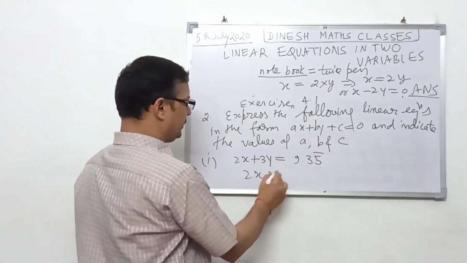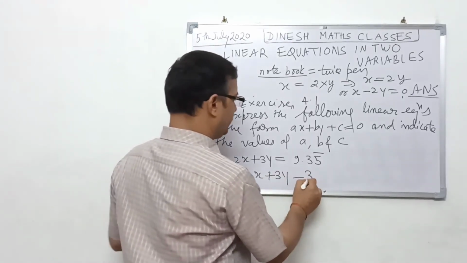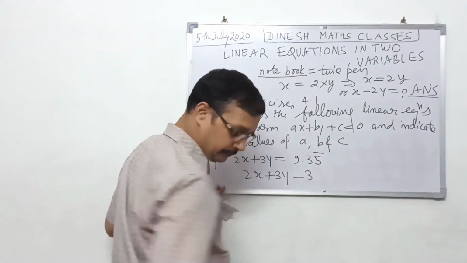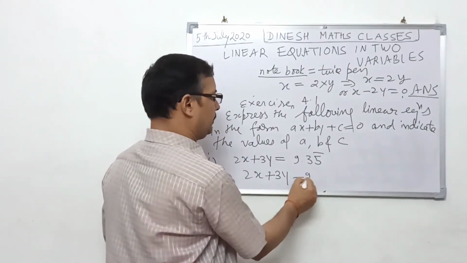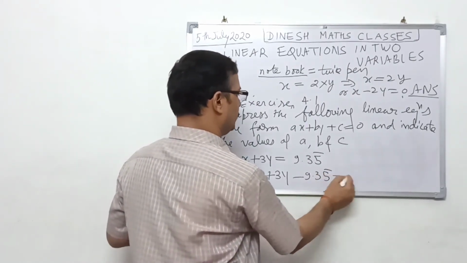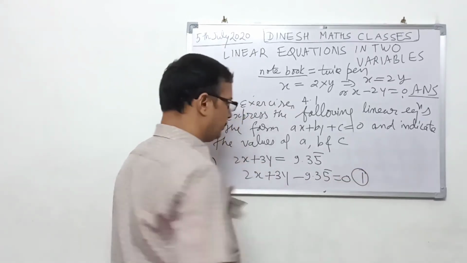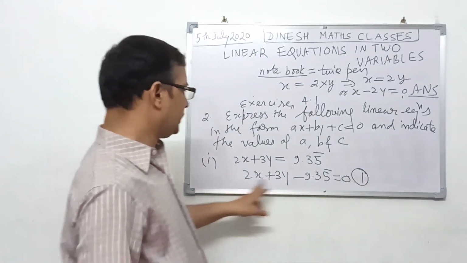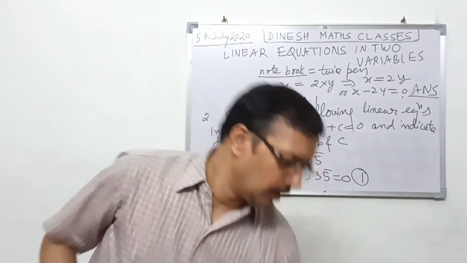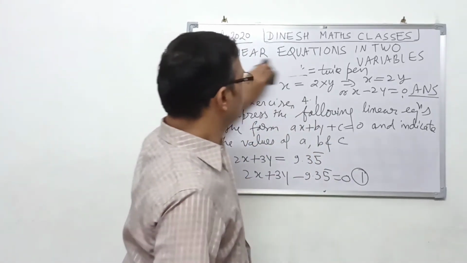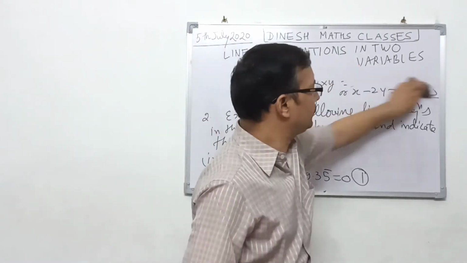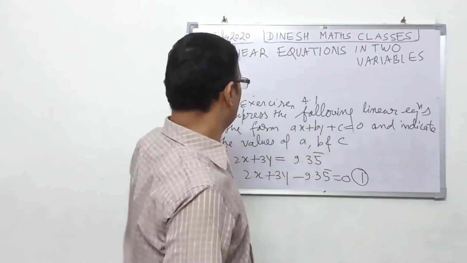2x plus 3y minus 9.35 bar equal to 0. So this is the equation, putting in the proper form, making the right hand side equal to 0. And now we compare this equation with the standard equation ax plus by plus c equal to 0.